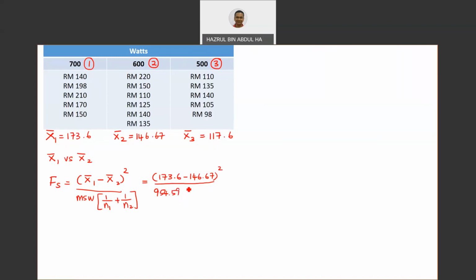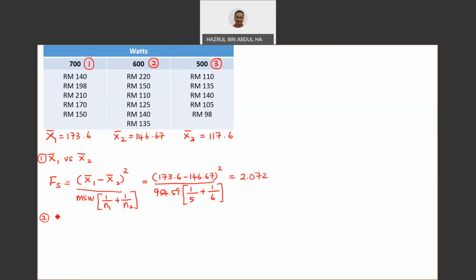Multiply by 1 over N1, the number of samples in the first group, which is 5, plus 1 over N2, the number of samples in the second group, which is 6. You just have to simplify this, and the answer is 2.072. So this is the first comparison.